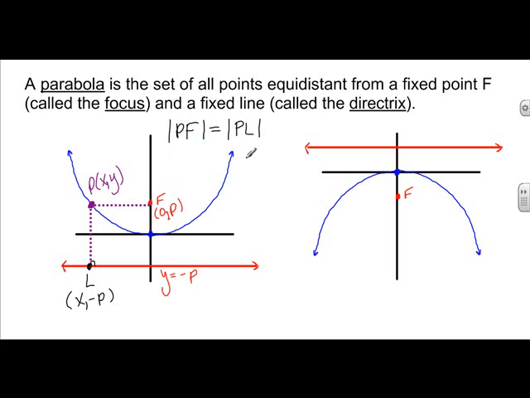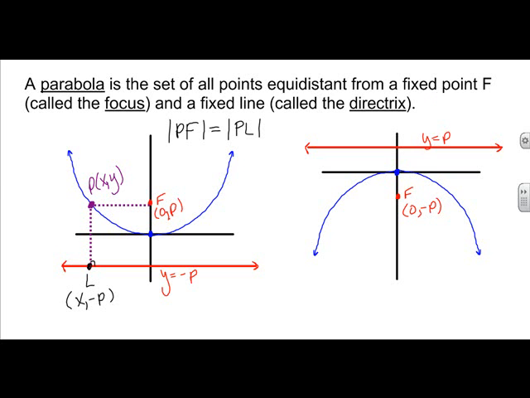Now the other option, of course, is that our parabola would open downward, in which case the vertex is still at the origin. P is still some real number, and the coordinates of the focus in this case would be 0, negative p. The equation for the directrix would be y equals positive p.